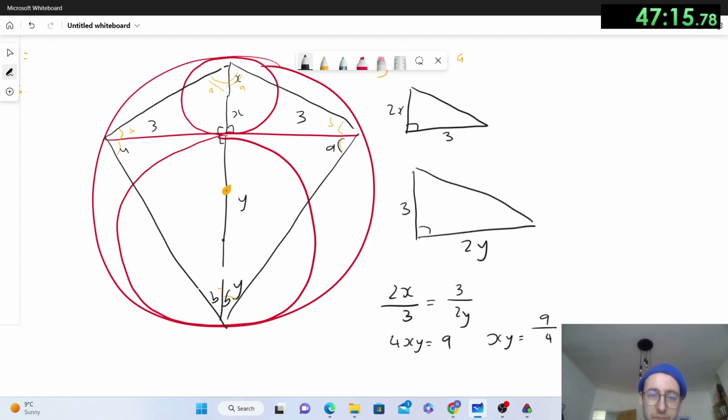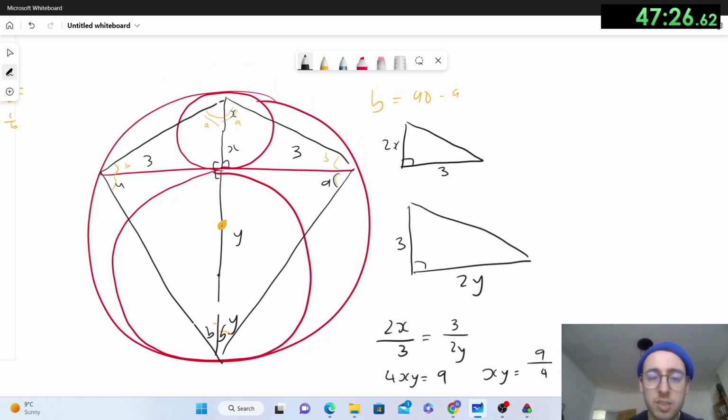What else we got? Area of the sector? I can find the area of each of those triangles. That doesn't matter. Okay, any Pythagoras shenanigans going on? If this is 3 squared plus 2x squared, that's going to be 9 plus 4x squared, the square root of 9 plus 4x squared.